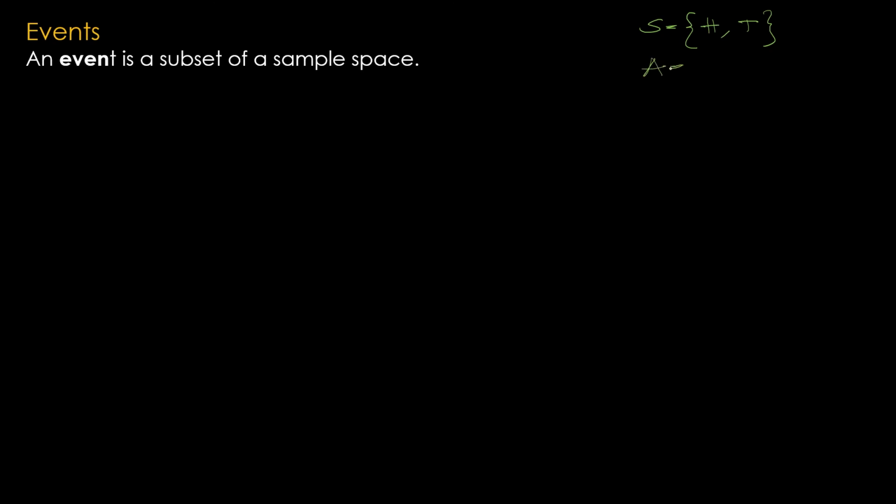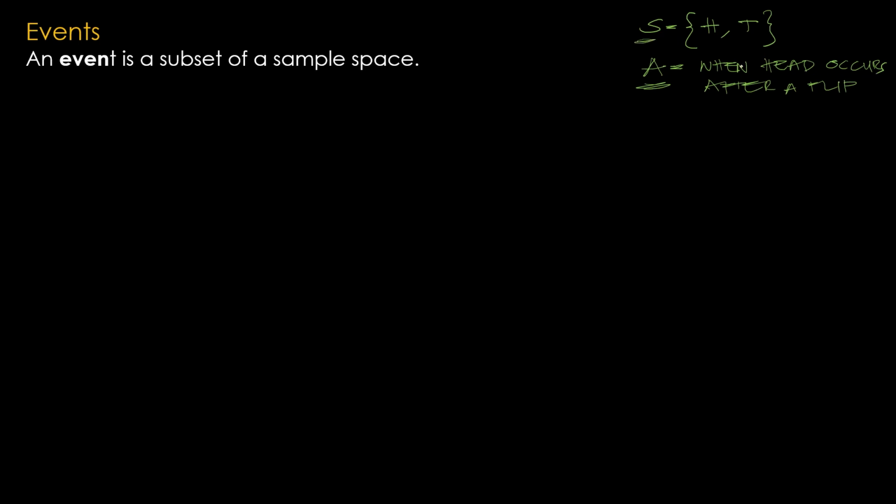You can say that your event A can be the event when head occurs after a flip. So event A is a subset of your sample space.